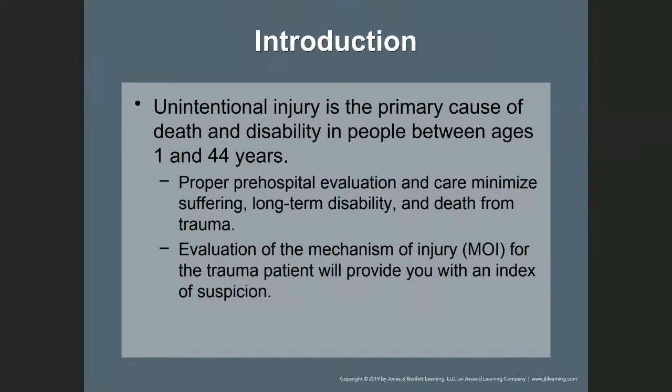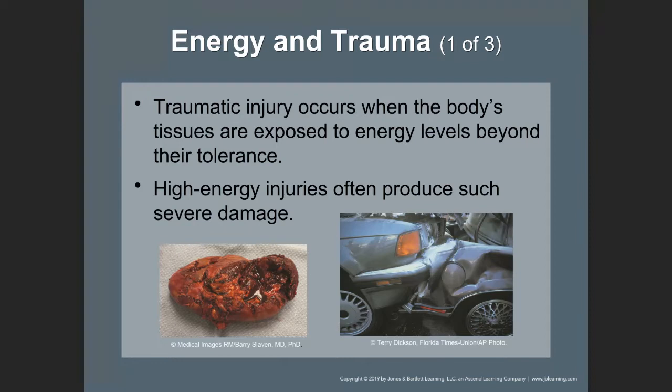Evaluation of the mechanism of injury for the trauma patient will provide you with an index of suspicion. Energy and trauma. Traumatic injuries occur when the body's tissues are exposed to energy levels beyond their tolerance.